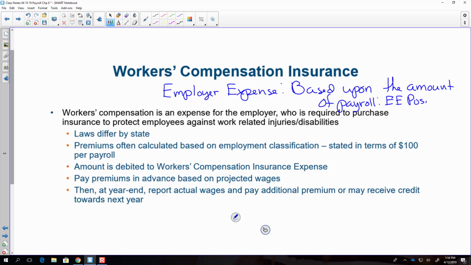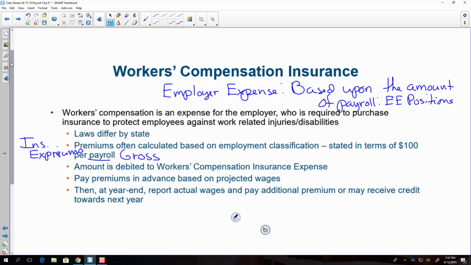So if I'm looking at a place that has welders in it, they may get charged a certain rate based on their pay because welders have more prone accidents, right, in a high-risk area maybe, as opposed to the office workers, which are very cheap insurance because they have very fewer claims, right? So the insurance premium, which is the expense, is based upon every $100 of payroll. And the $100 is the gross payroll.